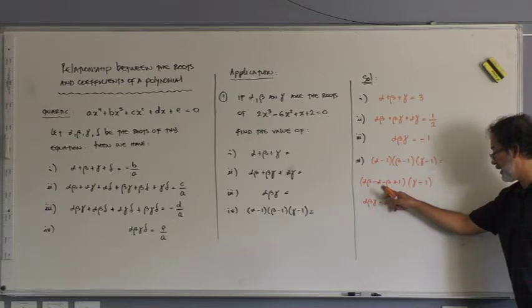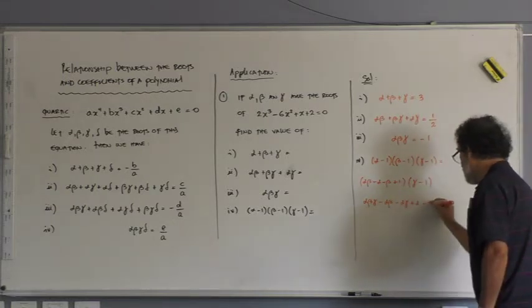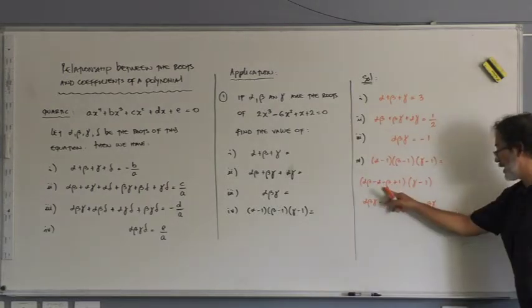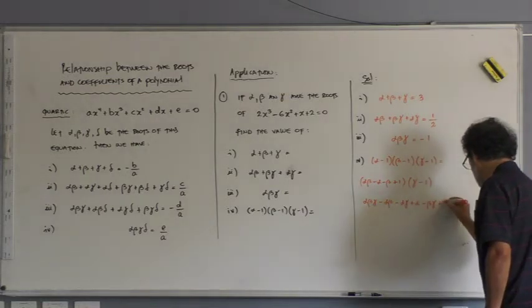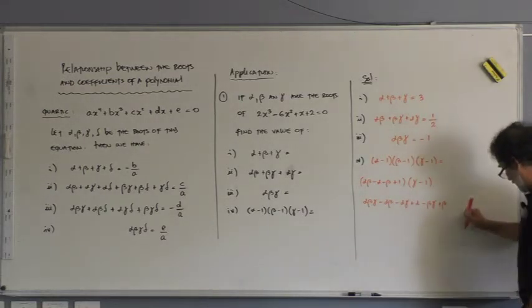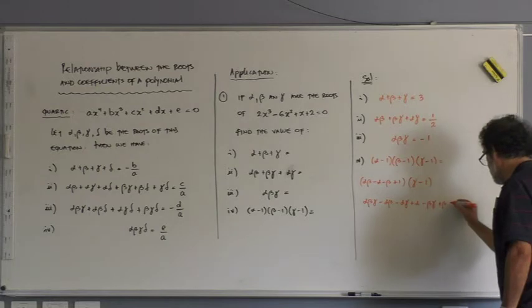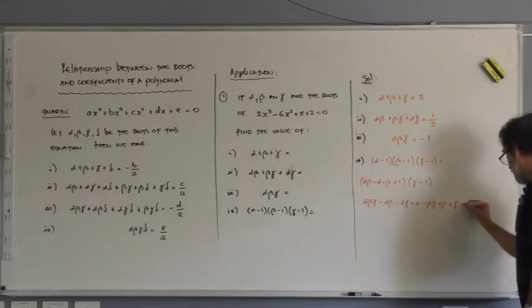Negative beta times gamma is minus beta gamma. And then negative beta times negative 1 is plus beta. Then we have the last one, which is positive 1. If I multiply positive 1 times this, it's going to be plus gamma, and then minus 1.